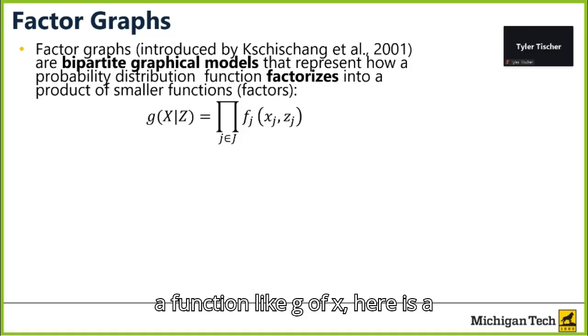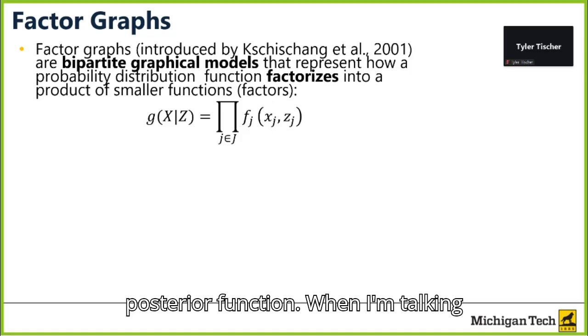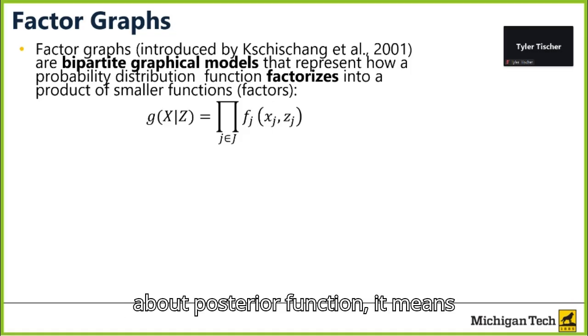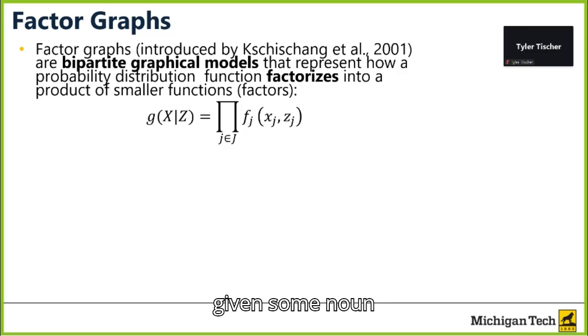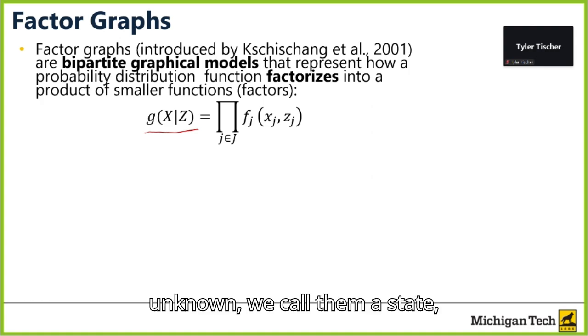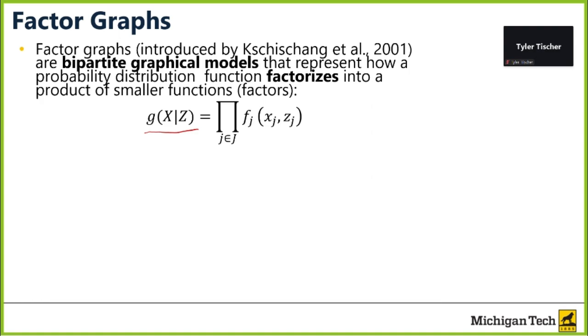a function like g of x, here is a posterior function. When I'm talking about a posterior function, it means the probability of some unknown x given some known z. X is unknown, we call it the state, and z is known, the measurements.